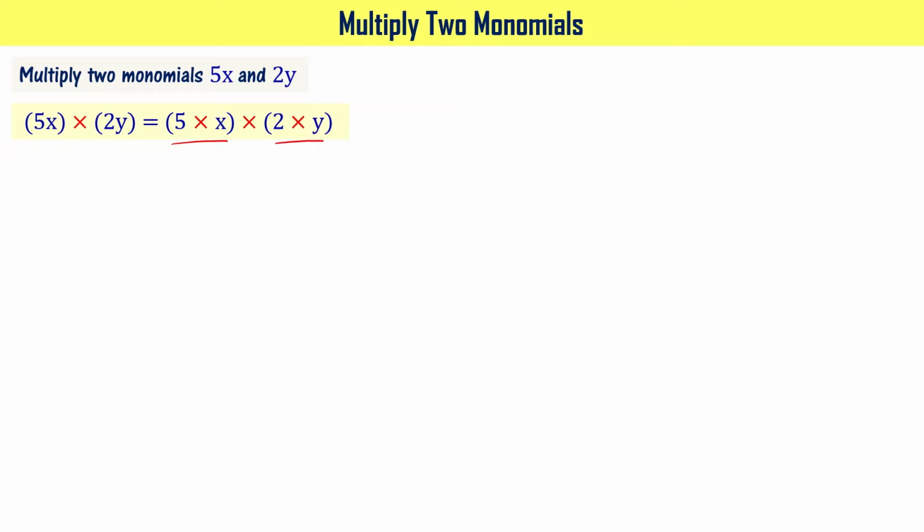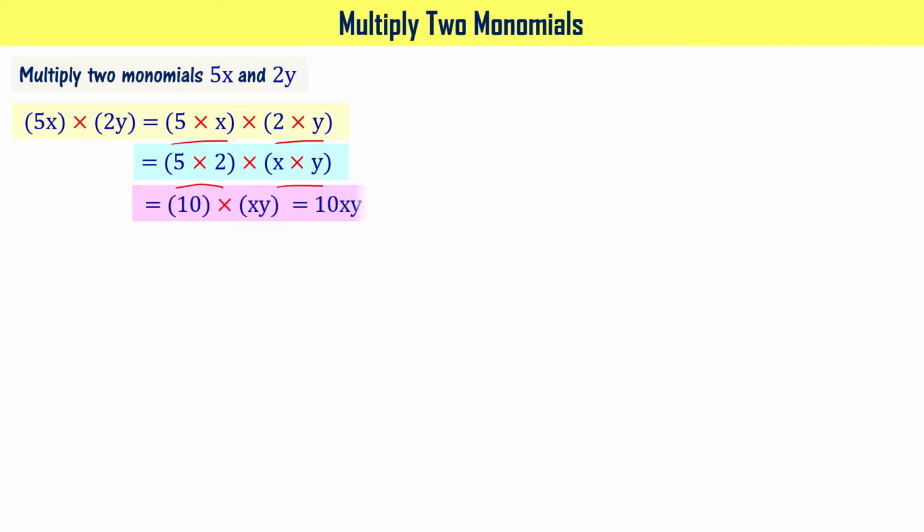So let me arrange the terms such that I'll get constant terms first and variable terms later, so I can write it as 5 times 2 times x times y. 5 times 2 is 10, x times y is xy. This can be now written as 10 times xy or 10xy, right?